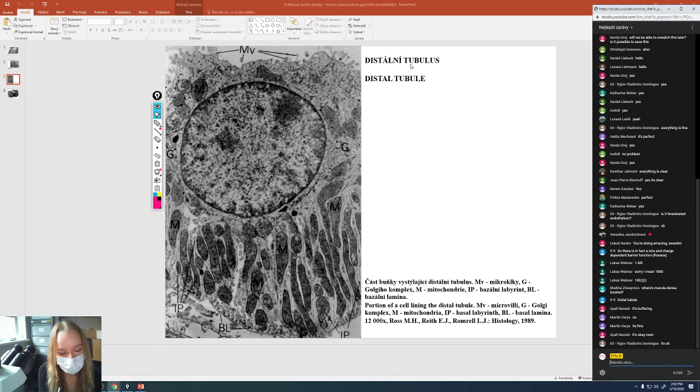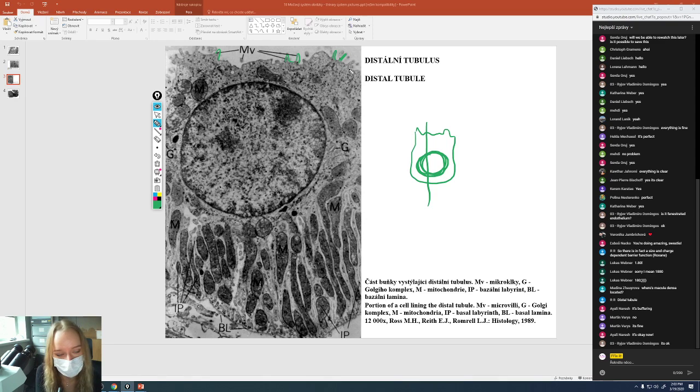We also have a picture from the distal tubule, and you can already see some differences. We can see a nucleus here. So this is our cell of the distal tubule. We can see small microvilli here, but they are not creating a brush border.